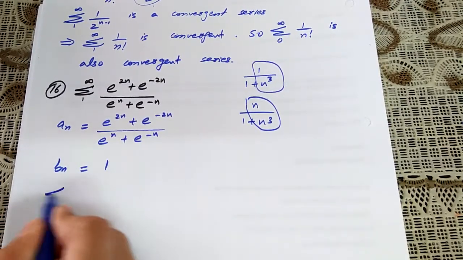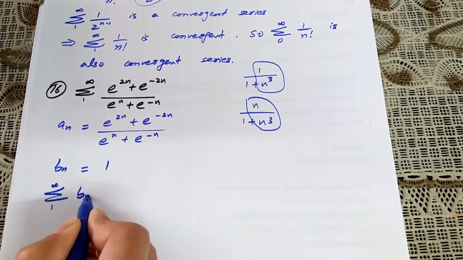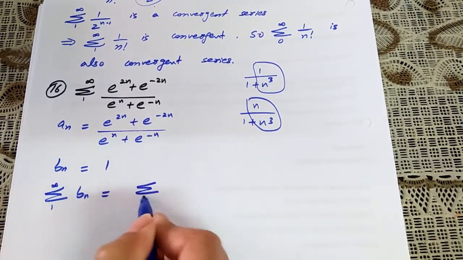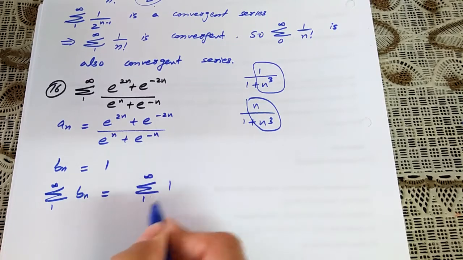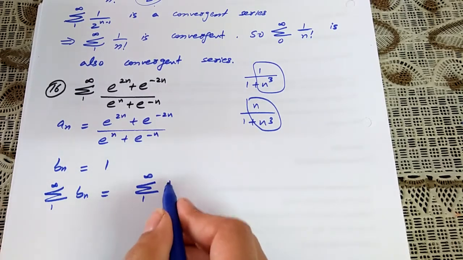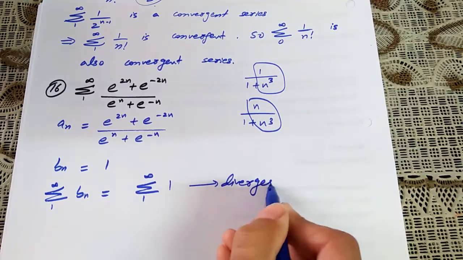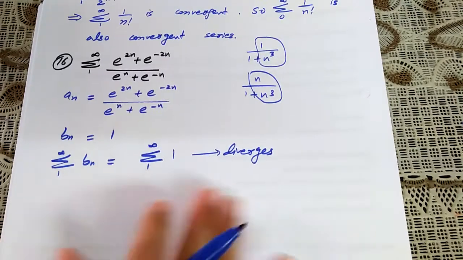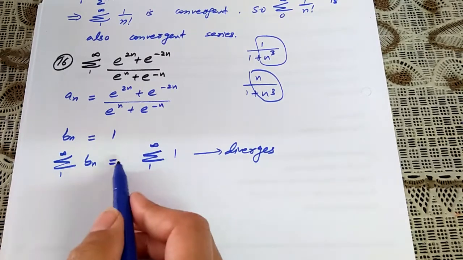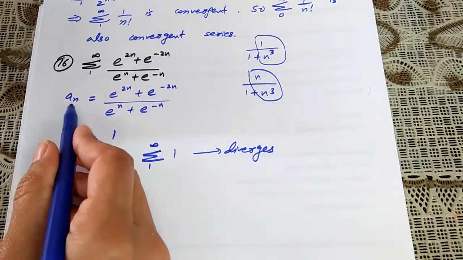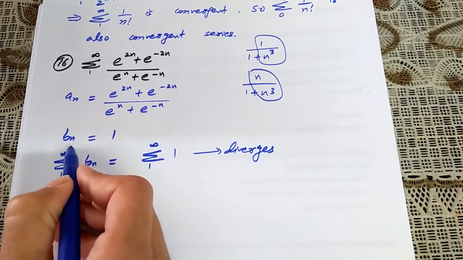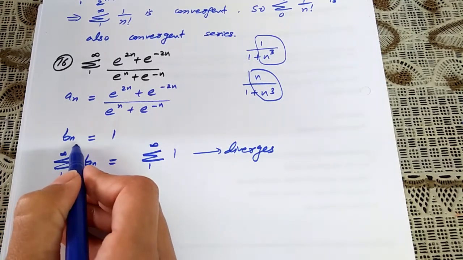Now we know that summation 1 to infinity bn, that is summation 1 to infinity 1, is always a divergent series. This diverges. So let's observe the behavior after finding the limit as n approaches infinity of an over bn, the limit comparison test.